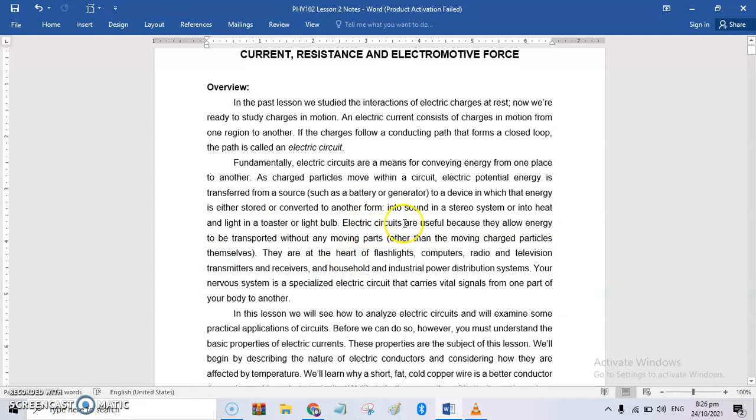Electric circuits are useful because they allow energy to be transported without any moving parts. They are at the heart of flashlights, computers, radio, television, transmitters, receivers, our laptops, and our cell phones. Your nervous system is also a specialized electric circuit that carries vital signals from one part of your body to another.